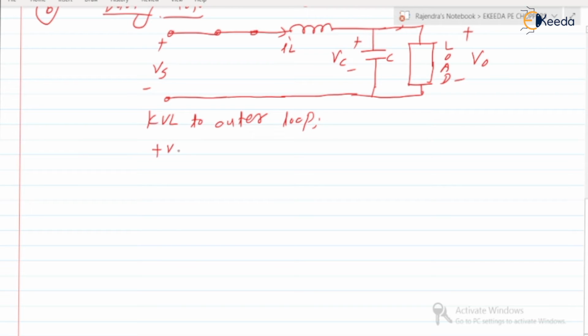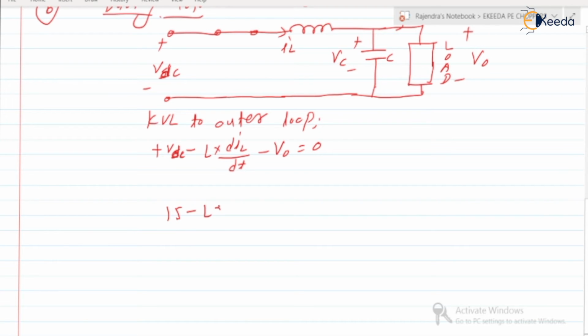It is plus Vs minus L into dIL by dt minus V0 equal to 0. Here our task for the second part is to find the filter inductance. Vs is given, or rather we have VDC instead of Vs. So it is VDC, what is VDC? It is 15 volt.